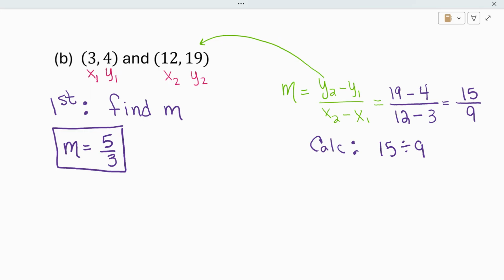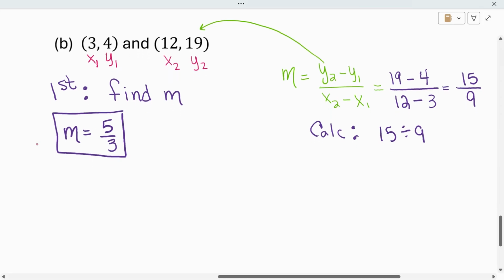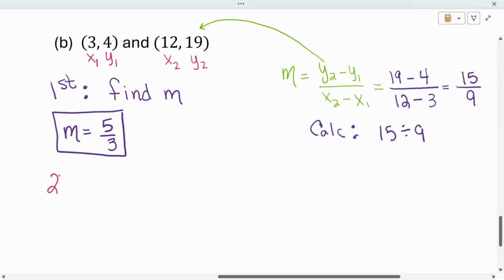All right, next. So we know what our slope is. What do we have to find next? Coming back up. Daniel, what do we have to find next? B, good job. So the second thing that we have to do is find B. Okay, so that means that I need to use my slope, which is 5 over 3, and I need one ordered pair.